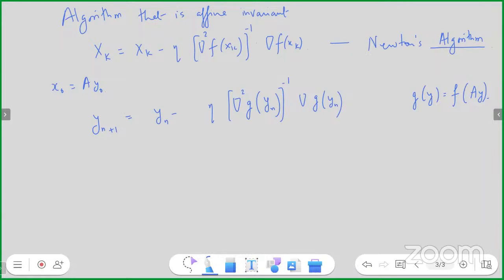So now I'm going to pre-multiply this with A. So I'll get A y n plus 1 is equal to A yn minus eta, all of this. Now what can I simplify this as? A transpose something, del square f of A y whole inverse A transpose del f of A y, just taking the Hessian and the gradient.